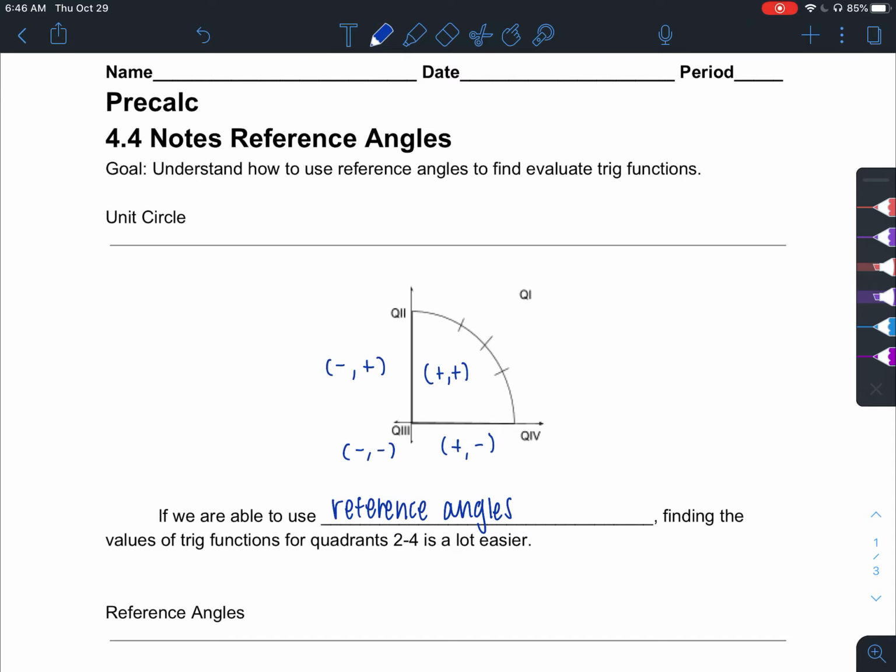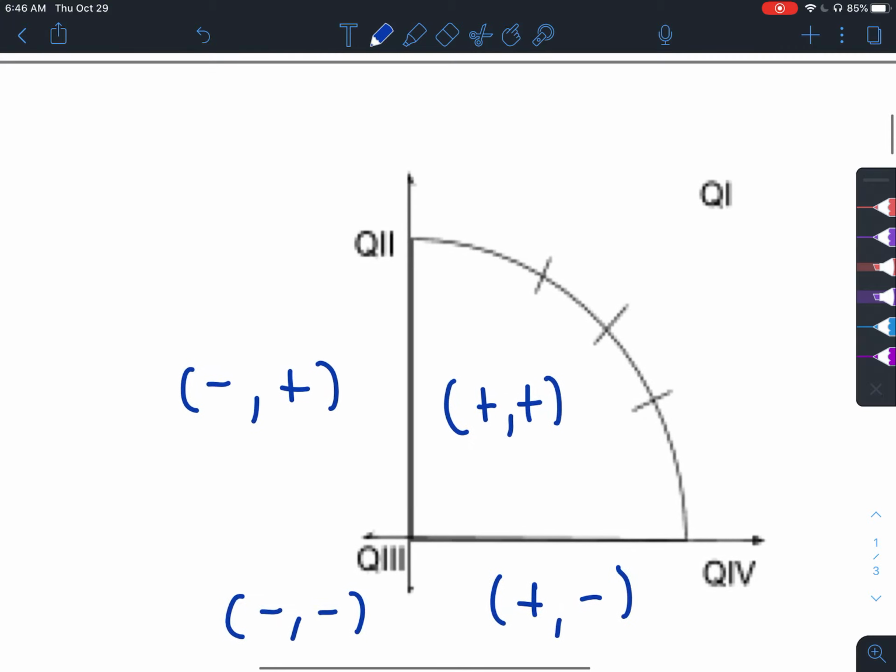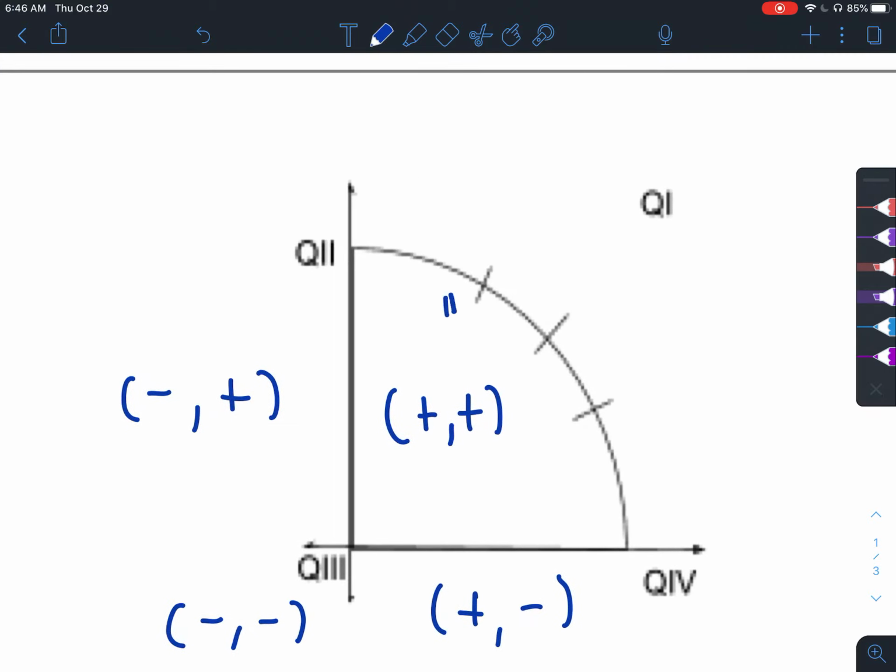Okay, so this is pi over 3 right here, pi over 4, and pi over 6. And we know that because these are 60 degrees, 45 degrees, and, I'm sorry, 30 degrees.